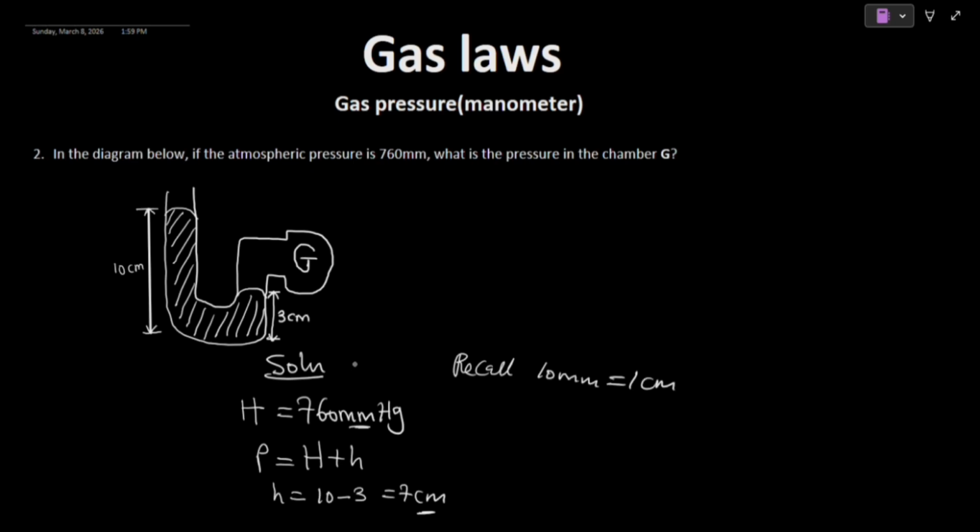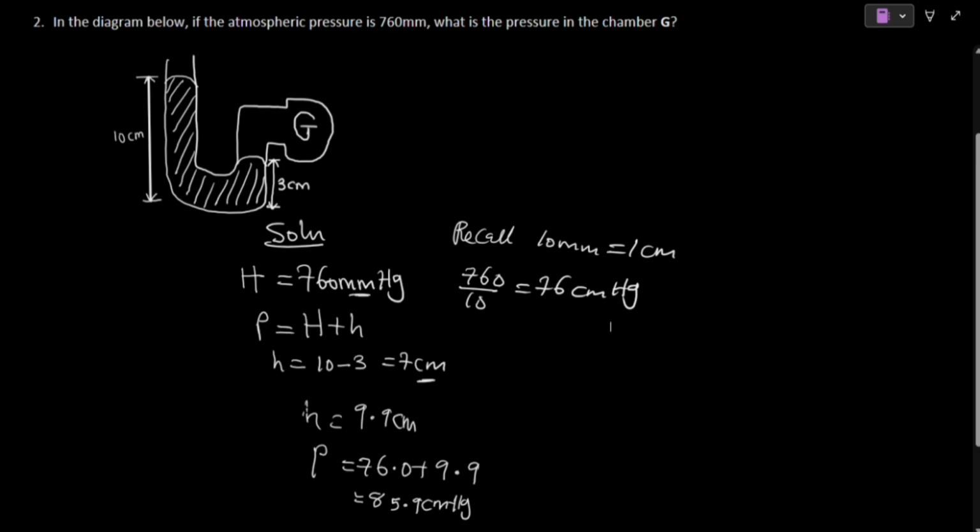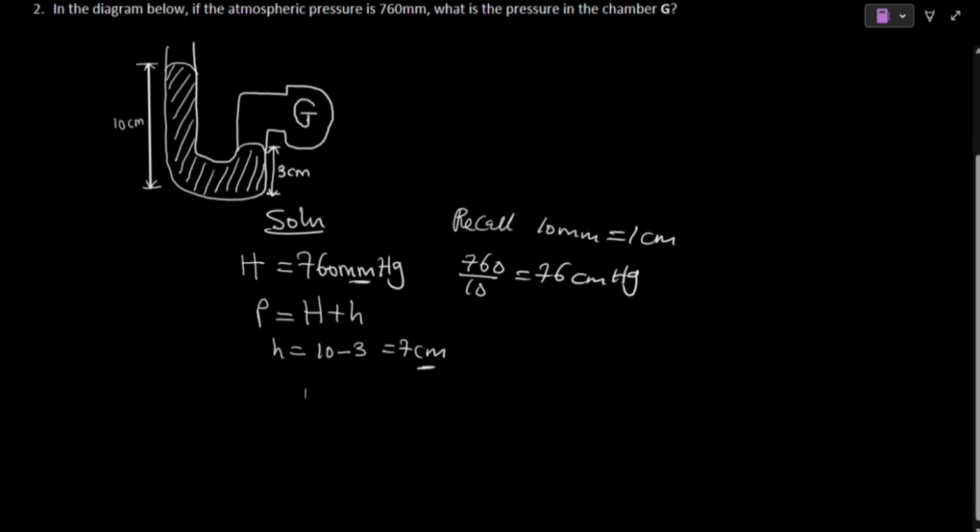So for us to convert millimeter to cm, simply divide by 10. 760 divided by 10 will give us 76 centimeter mercury, right? So our final answer will be P equal to 76 plus 7, and that will give us 83 centimeter mercury. Try this.